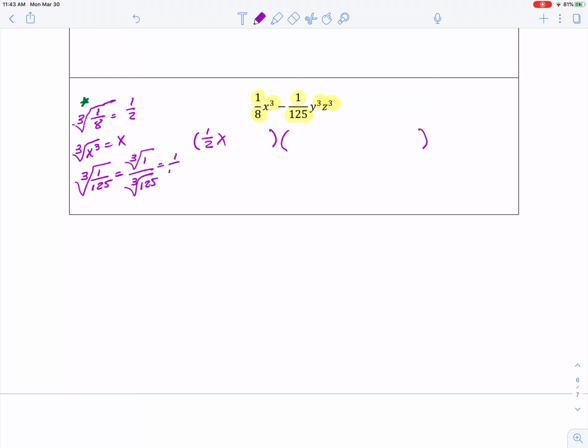So you get a 1 on top and a 5 on the bottom. And then the cube root of y cubed, of course, is y. I didn't quite leave myself enough room. The cube root of z cubed is z. And remember the same sign. So I start off here with a minus, and I keep that same sign there inside the parentheses.